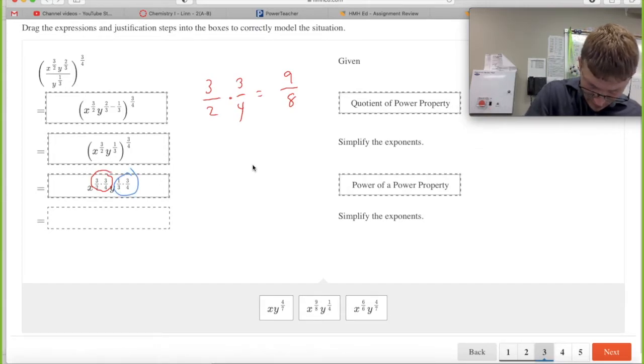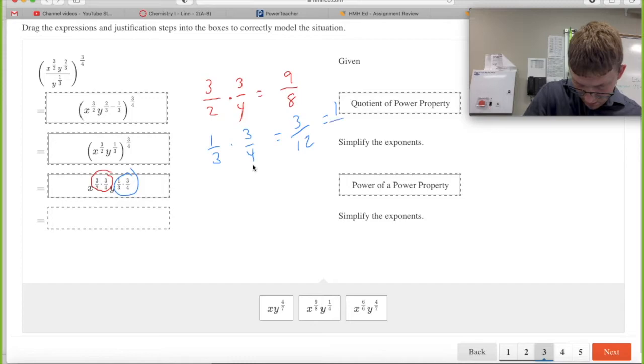Then we got this part, 1/3 times 3/4. We're going to have 3 over 12, which equals 1 over 4. Yeah.